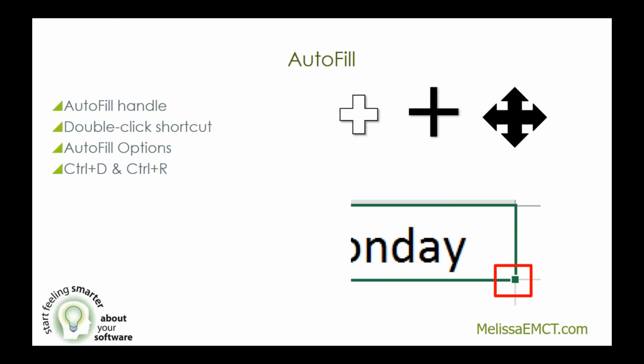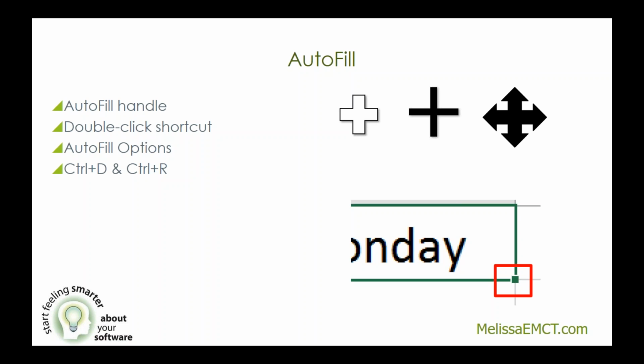That four-headed black arrow means move, which is why sometimes when you're trying to autofill, you end up accidentally moving the data in that cell to a different location. So getting your cursor over the autofill handle and looking for it as a black plus also means keeping it that way so it doesn't change into a four-headed black arrow.